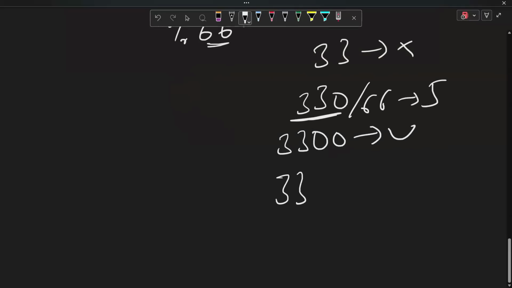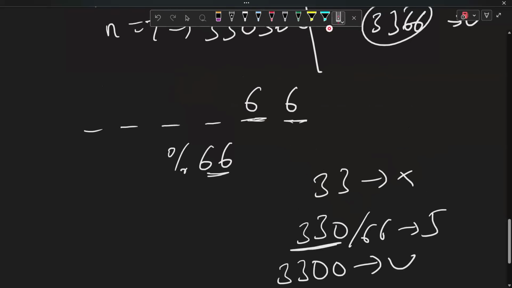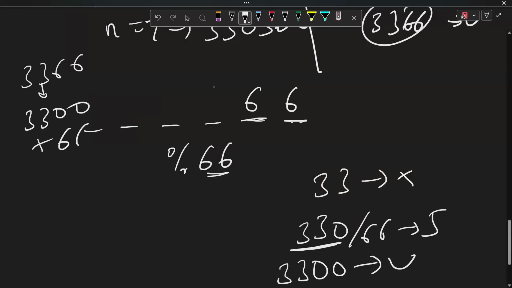So 33 with any number of zeros would always be divisible by 66. So if you have 66 at the end, then we can fill the remaining with 33. If you are writing a number as 3366, this number is actually 3300 plus 66. This is divisible, this is divisible, so this overall number is divisible.